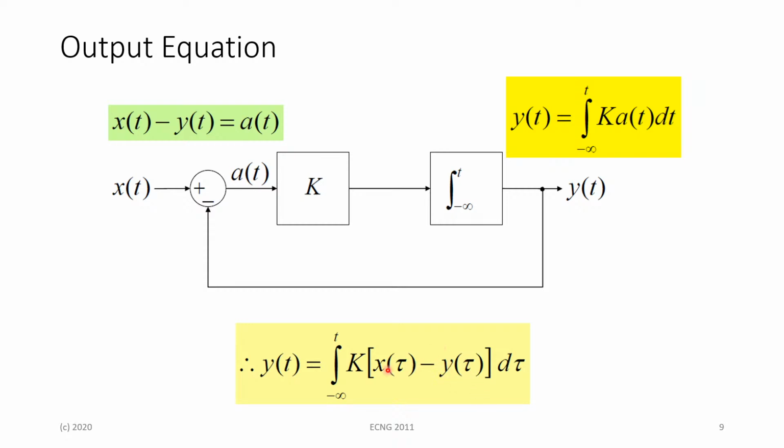For our integral, because we have limits of t to negative infinity, we switch the variable to tau, so that we can substitute t and negative infinity accordingly.